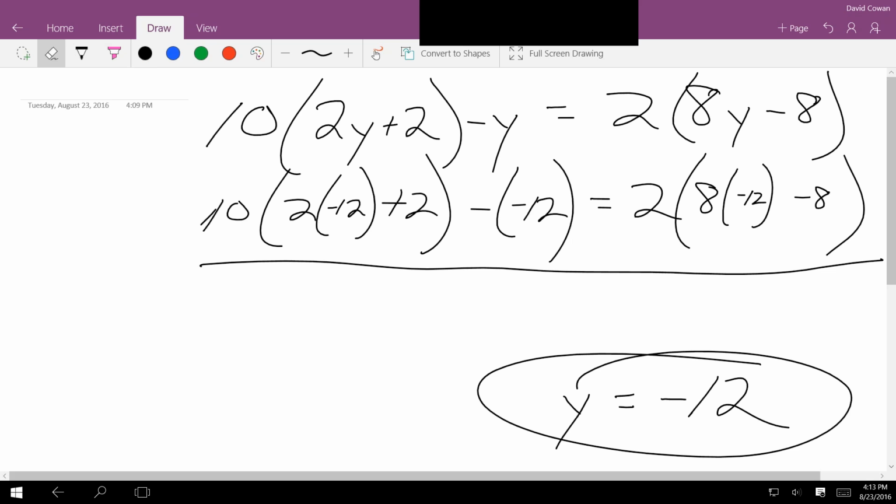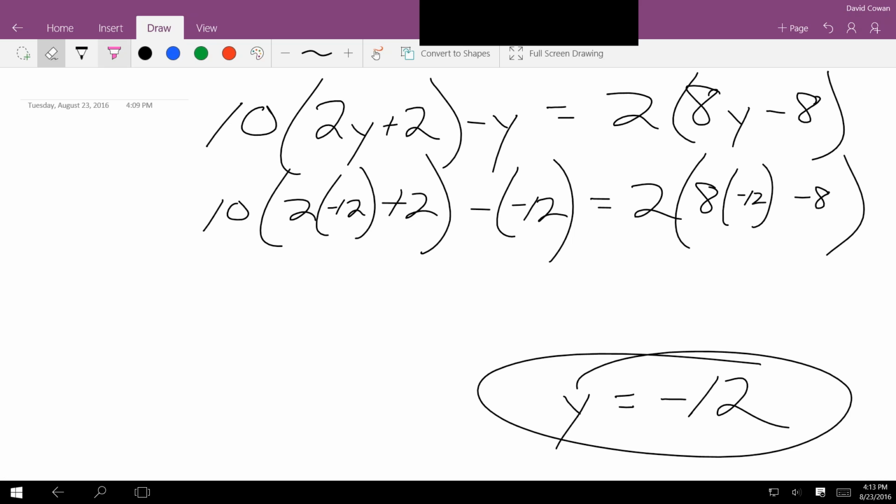So how do I determine whether that is a true statement or not? I have to get rid of the parentheses. Okay. Work from the inside out.